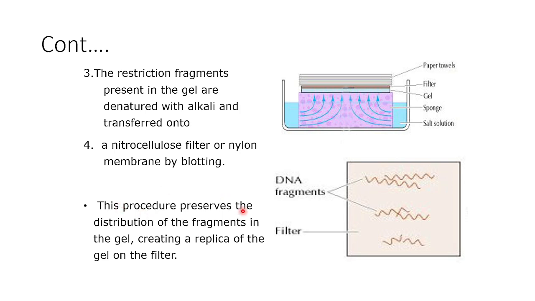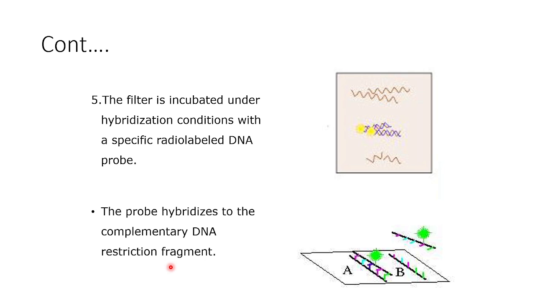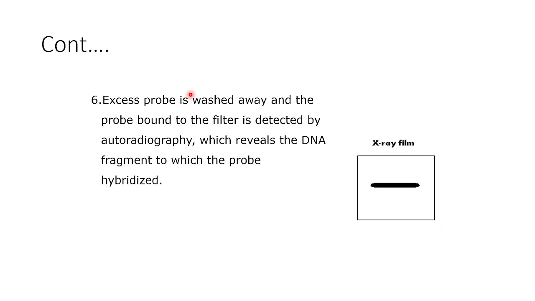This procedure preserves the distribution of the fragments in the gel, creating a replica of the gel on the filter. Then the filter is incubated under hybridization conditions with radiolabeled DNA that's specific for the particular DNA sequence. The probe hybridizes to the complementary DNA restriction fragment. The excess probe is washed away, and the probe bound to the filter is detected by autoradiography, which reveals the DNA fragment to which the probe is hybridized.